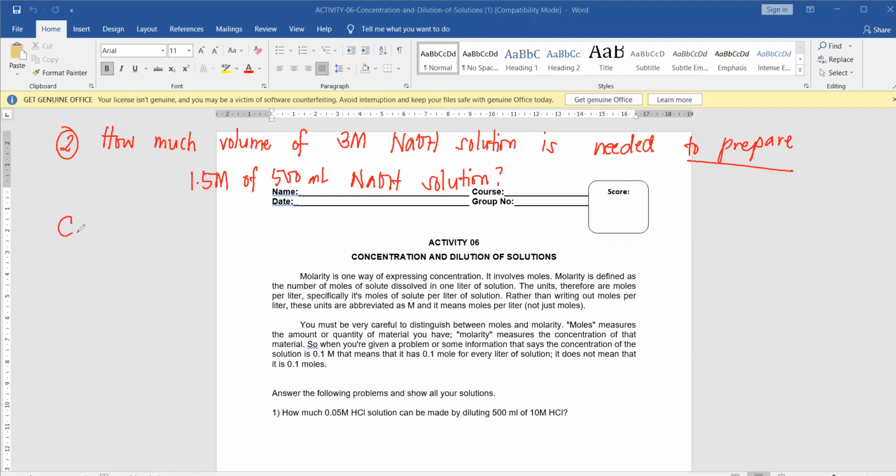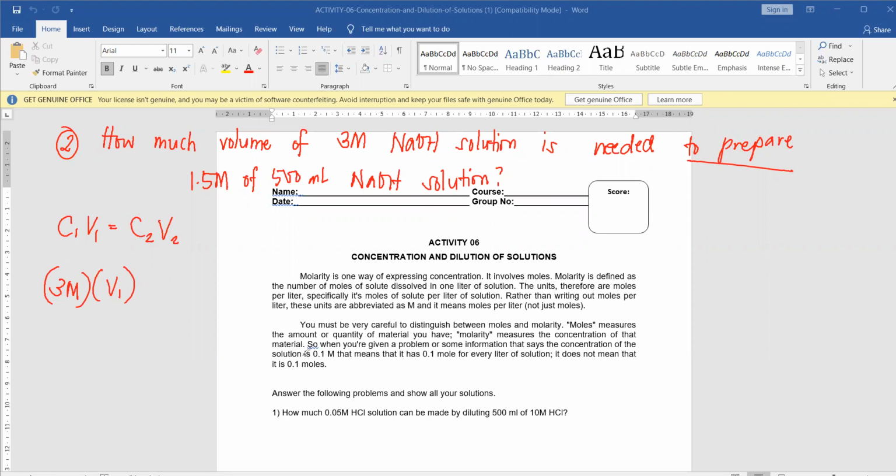So if we compute using the formula C1V1 equals C2V2, the C1 there, we have the 3M as the concentration, but we are looking for the volume.